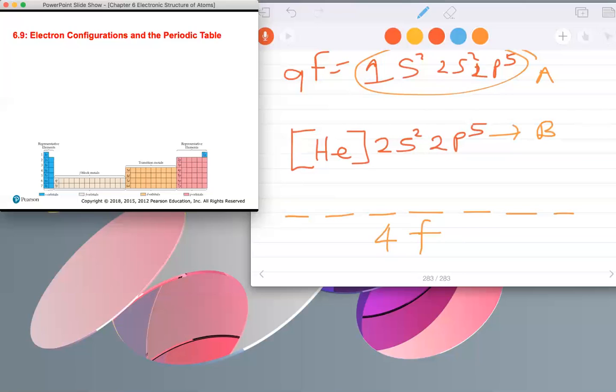This section 6.9 is just continuation of what we looked at, main groups and the inner transition, what sub-levels are. Elements on the periodic table are grouped according to which sub-level is being filled by the last electron.